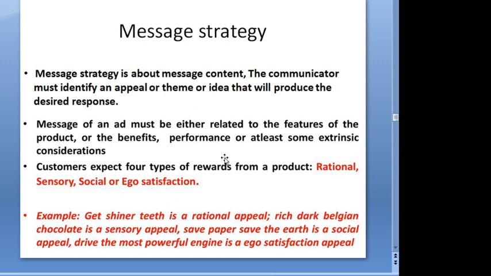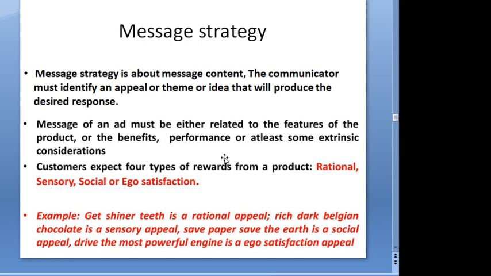Customers expect four types of rewards from a product: rational, sensory, social, and ego. Again, rational, sensory, social, and ego satisfaction. You will find a question in the final exam about this point. Let's take some examples.